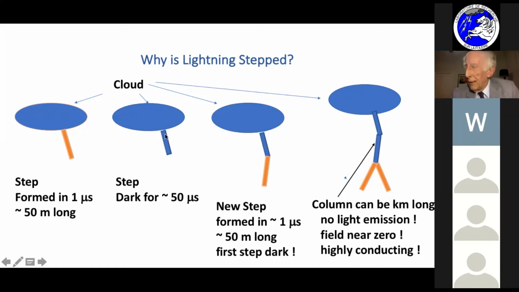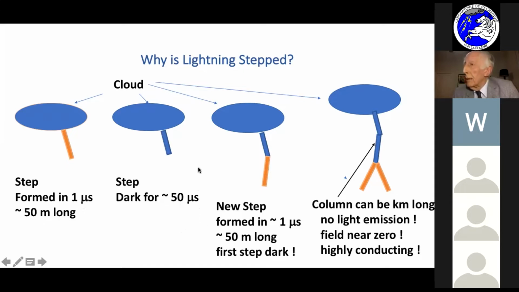And when it goes out, you don't see anything or very, very faint light. I've drawn it here with a different color, indicating that it's dark. And it's dark for the order of 50 microseconds, which is a long time compared with the formation time.